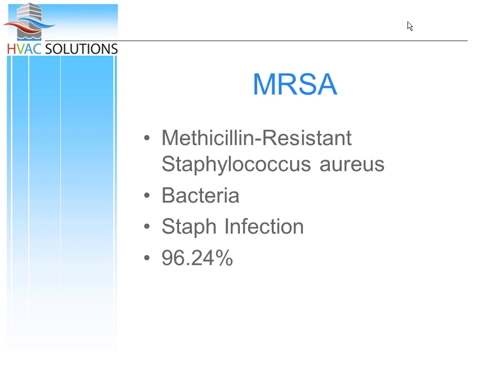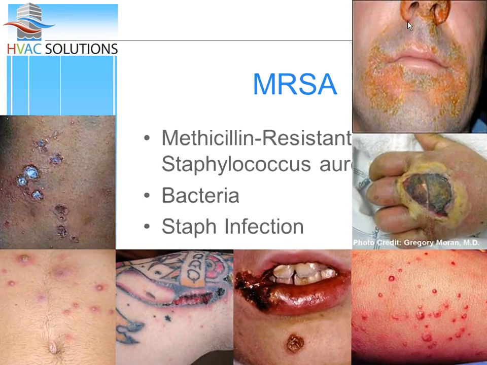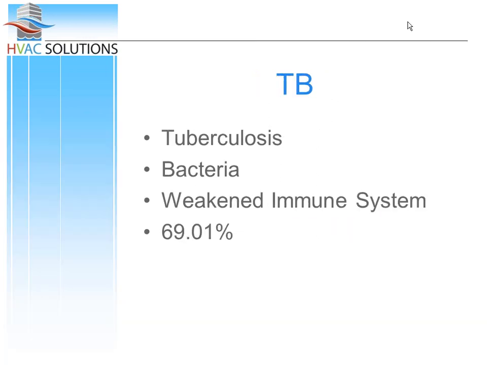So it's exceptionally difficult to get rid of. And that's why people end up dying, because they can't get rid of this thing. And the GPS is over 96% effective at getting rid of MRSA. As you can see, it takes a lot of forms and it attacks a lot of different places on the body. Nasty little bacteria.